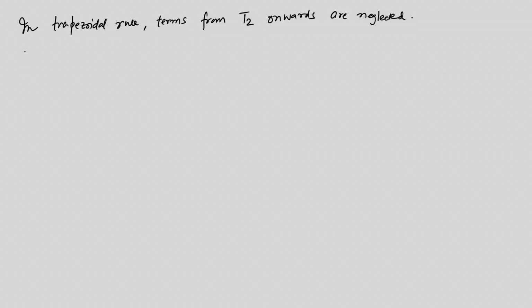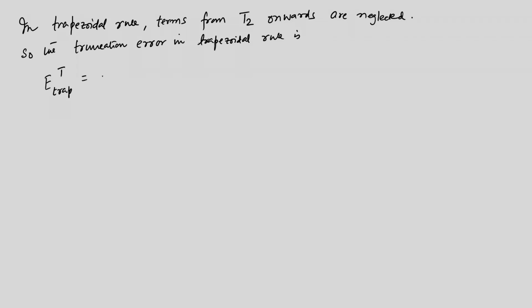So, the truncation error in trapezoidal rule is E trap, T for the truncation.